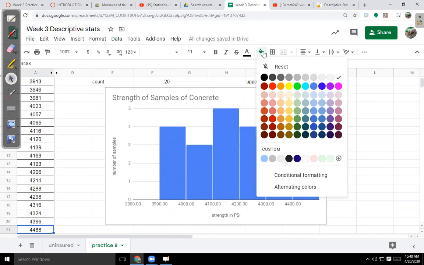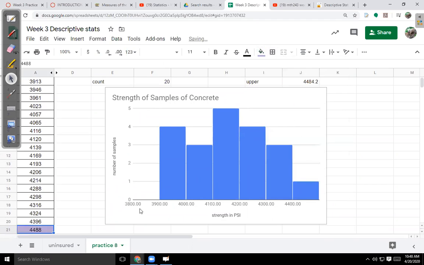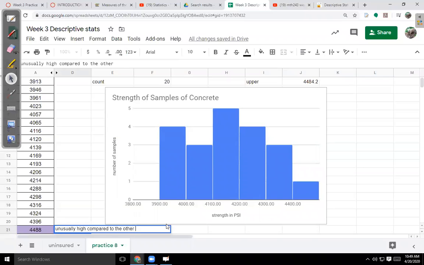What color should you be? Let's make you purple-ish. Okay, so this guy at the end there is unusually high compared to the other values based on the SD rule for outliers.